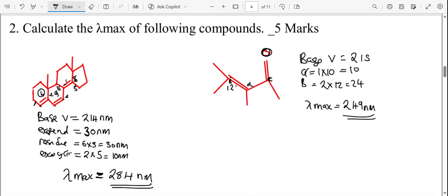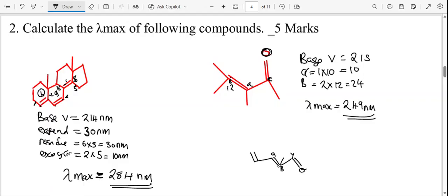Make sure that when you see, let's say it was extending the conjugation, suppose under this we have something like this, then we are extending the conjugation like that, again the conjugation like that. So we would have named this as alpha carbon, this is beta, this is gamma, then this is delta.